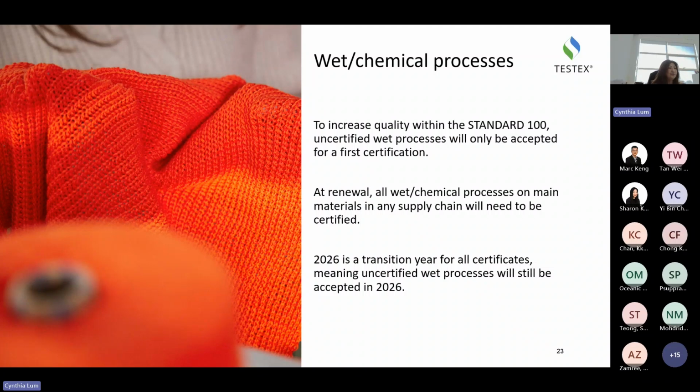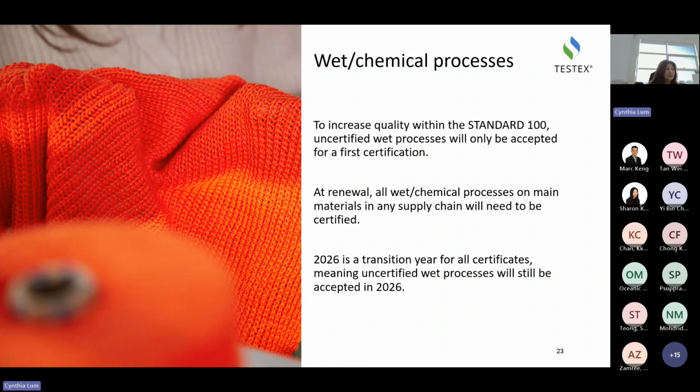So we move on to an area where we are talking about wet and chemical processes. Non-certified wet processes will still be accepted until June 2027. So this is to ensure increased quality within the OEKO-TEX Standard 100, right?